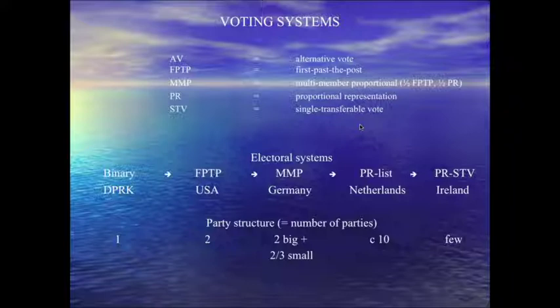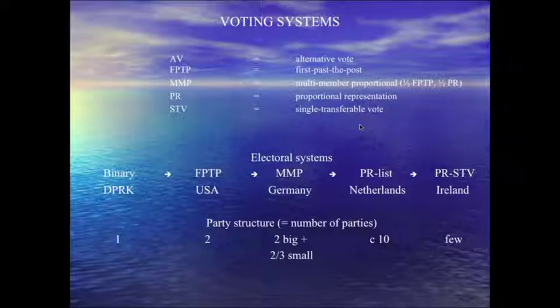In the United States, first past the post, but only two main parties, so they have a two-party political structure. The Netherlands, with proportional representation, PR, and in one large constituency, well, they have lots of parties and a little bit of pluralism, so jolly good. And the German system, which is half first past the post and half PR, and therefore you get two big parties and two or three little ones.